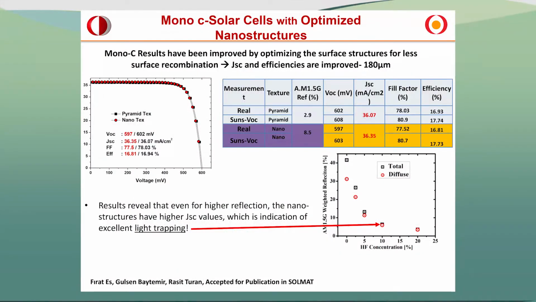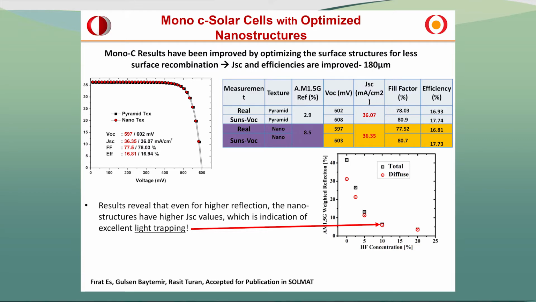Then finally, we apply this new approach to our cells. Here you see, with this new chemistry, we fabricated cells on monocrystalline silicon wafer. You see that we have reached almost the same performance as the standard reference sample.